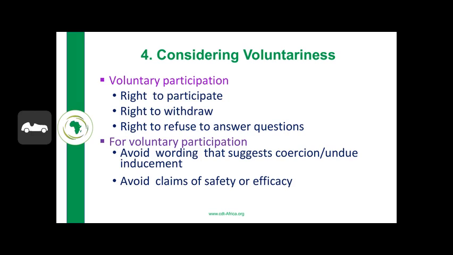We have to tell them they have the right to refuse to answer any question which they are not comfortable with. For voluntary participation, we have to avoid wording that suggests coercion or undue inducement. We have to avoid claims of safety or efficacy which could distract their decision.